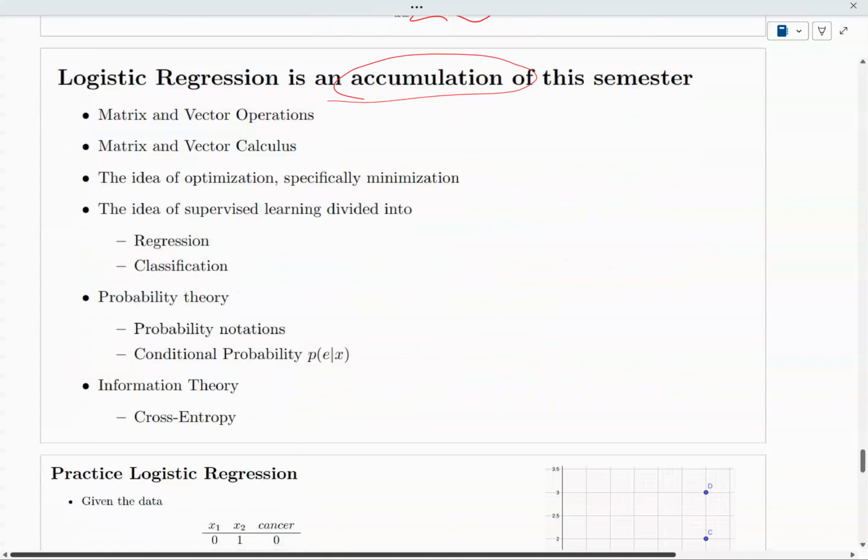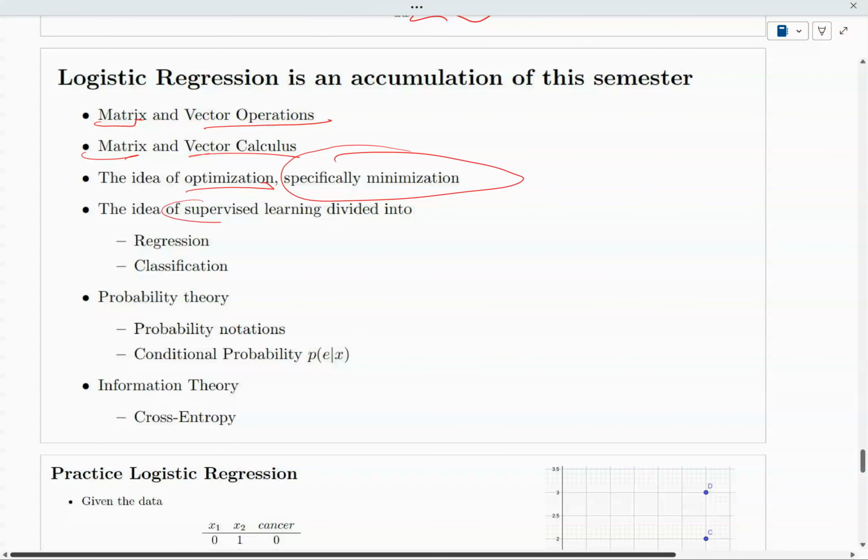Logistic regression is really great because, if you think about it, it is an accumulation of everything we've learned this semester. Matrix and vector operations, we have to do that. Matrix and vector calculus, all the derivatives we have to take. The idea of optimization, specifically minimization.